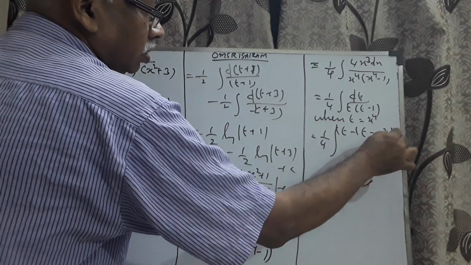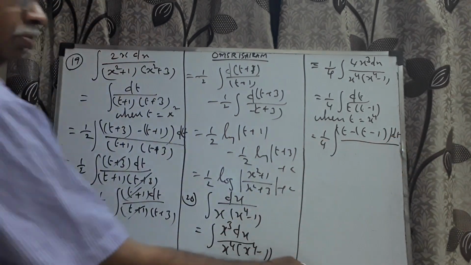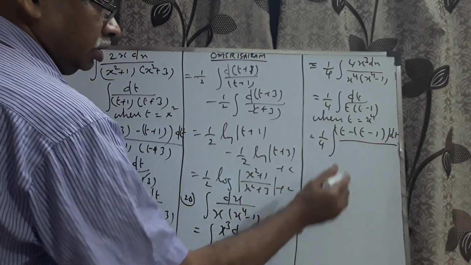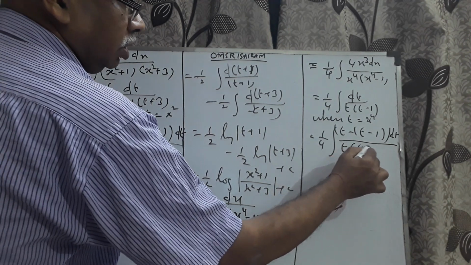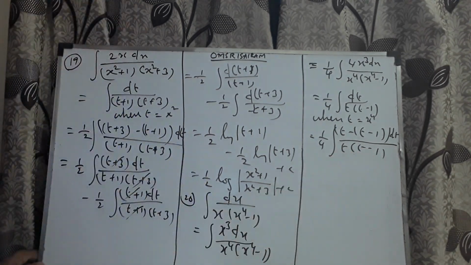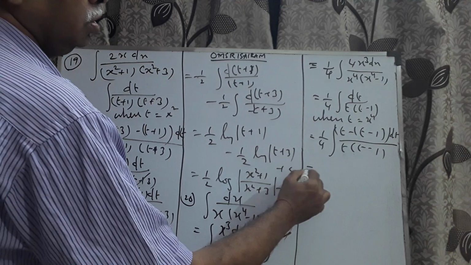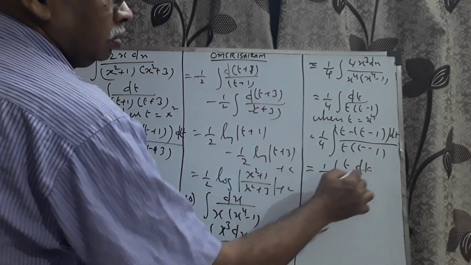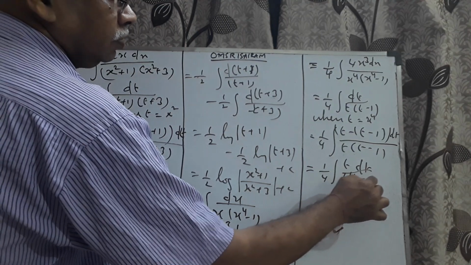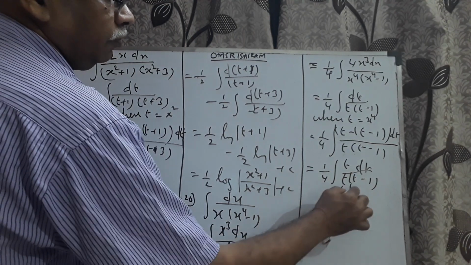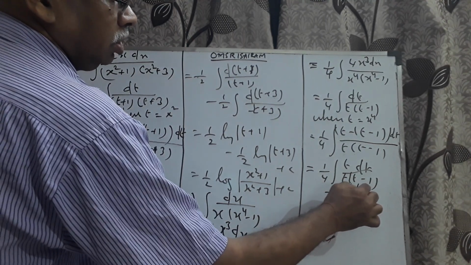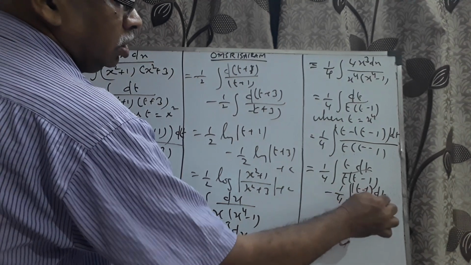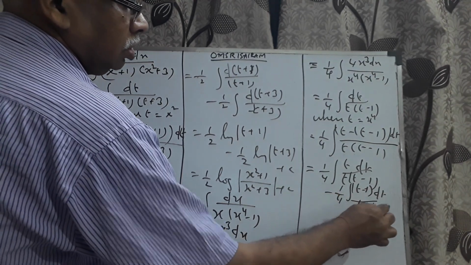It's not difficult to follow. T minus 1 by t into t minus 1. Here t gets cancelled, minus of minus 1 is plus 1. Therefore, 1 by 4 integral t dt by t into t minus 1 minus 1 by 4 integral t minus 1 dt divided by t into t minus 1.